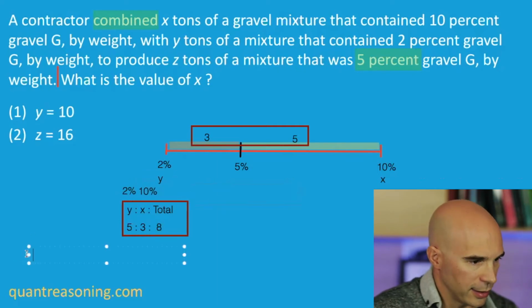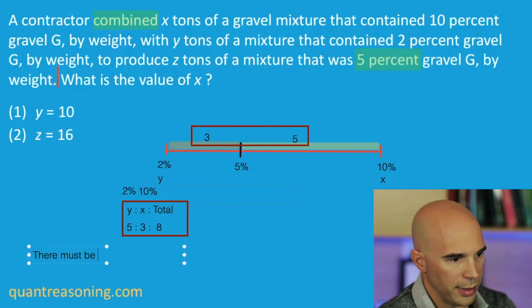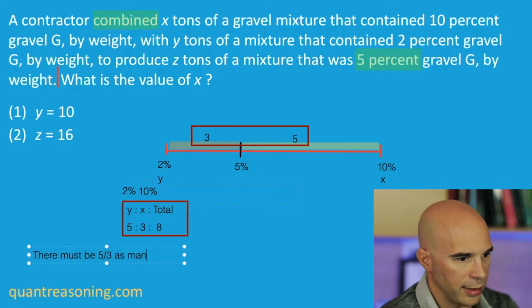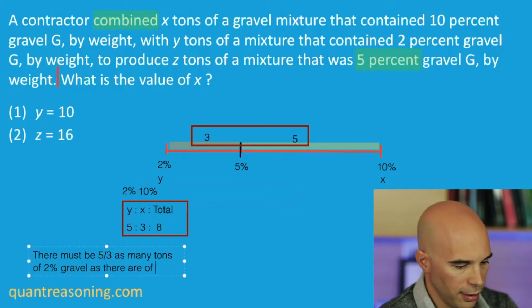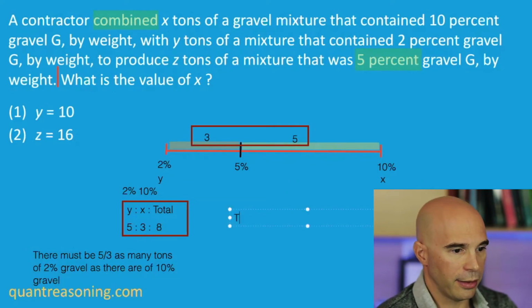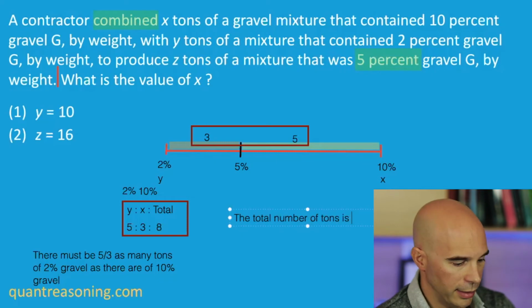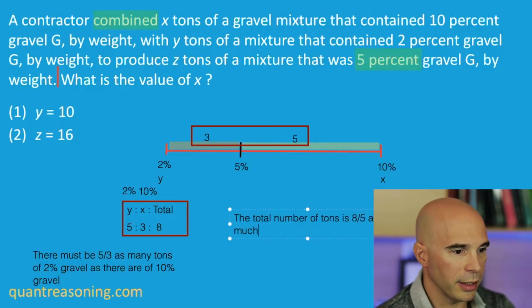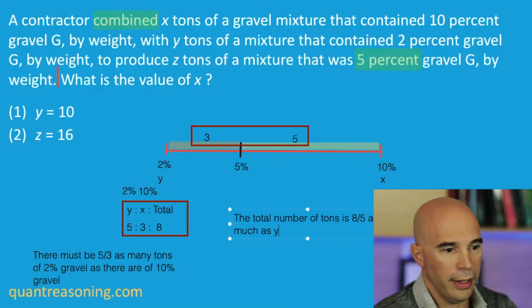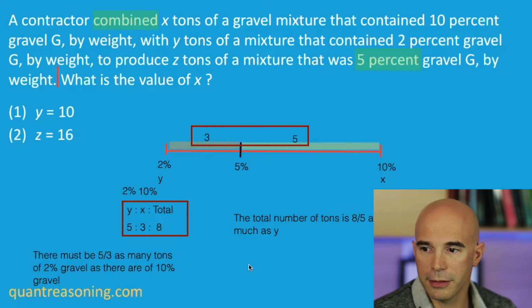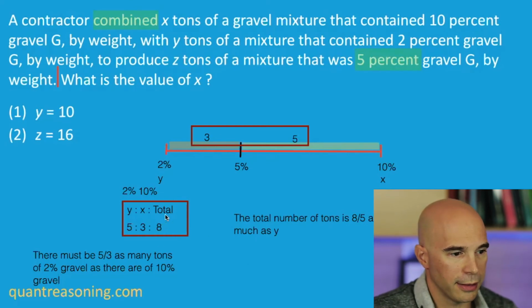So we could say things like, there must be 5/3 as many tons of 2% gravel as there are of 10% gravel. We could also say something like the total number of tons is 8/5 as much as Y. You could say that as well. There are a lot of different inferences we could take out of that rectangle.